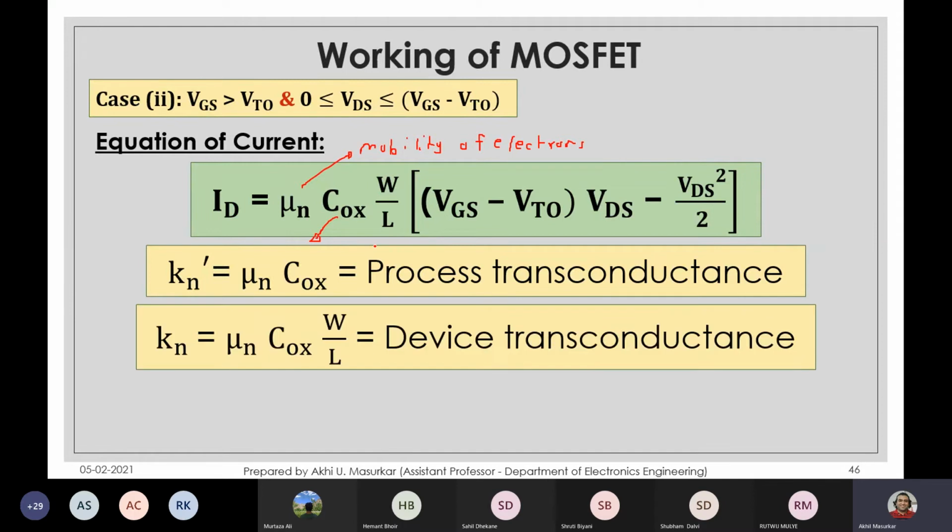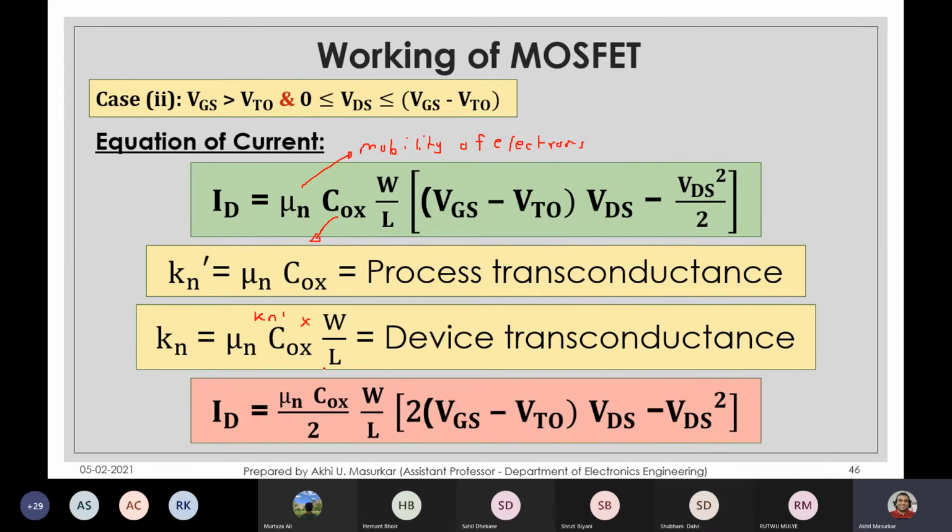And once you involve that W by L factor also, that means Kn dash into W by L will give me Kn, which is called the device transconductance. And if you multiply here by 2 and take this 2 outside, you can also write the current equation in this way.